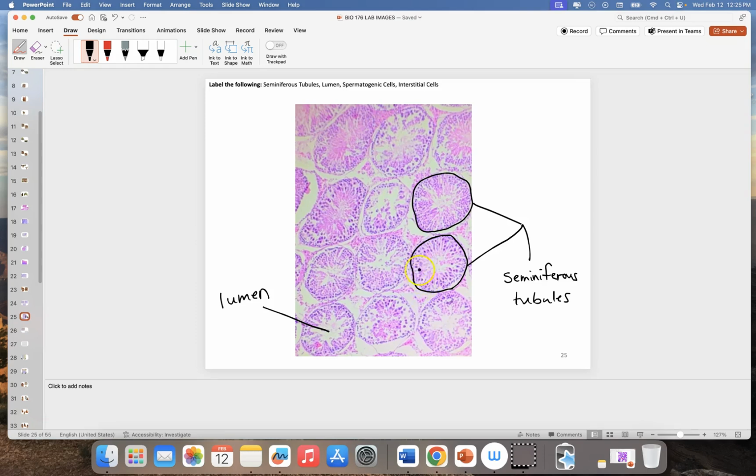Again, we can see all these cells within our seminiferous tubules. So these cells that we have inside, the cells within the tubules, those are going to be our spermatogenic cells.